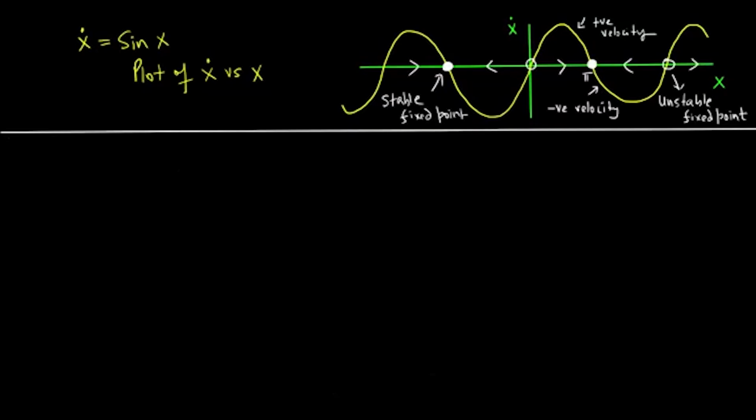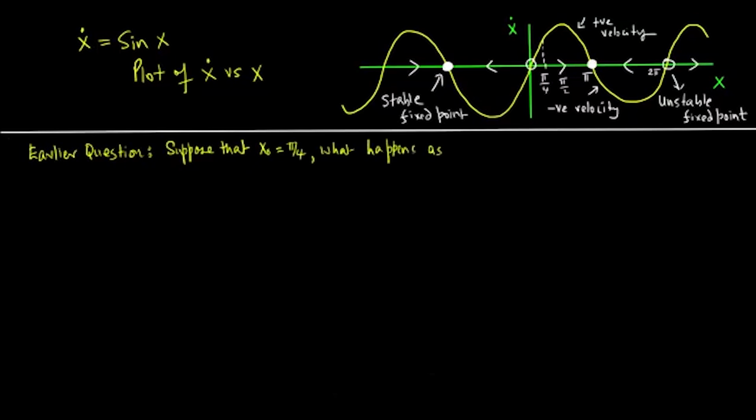What we really want to do now is get some additional insight into this nonlinear system that we have. Now recall the earlier question. Suppose that x naught is equal to pi on 4, then what really happens as t tends to infinity?